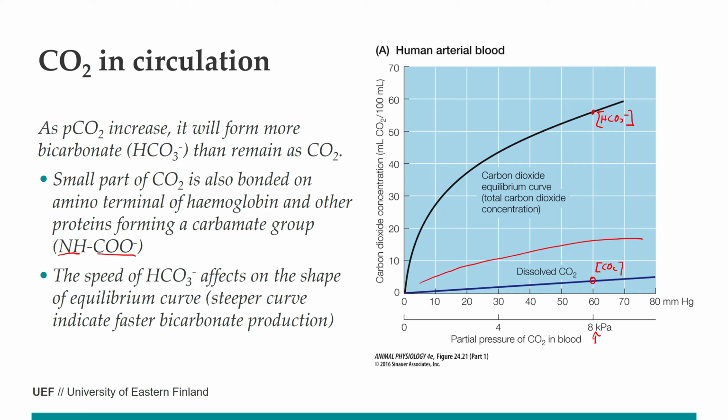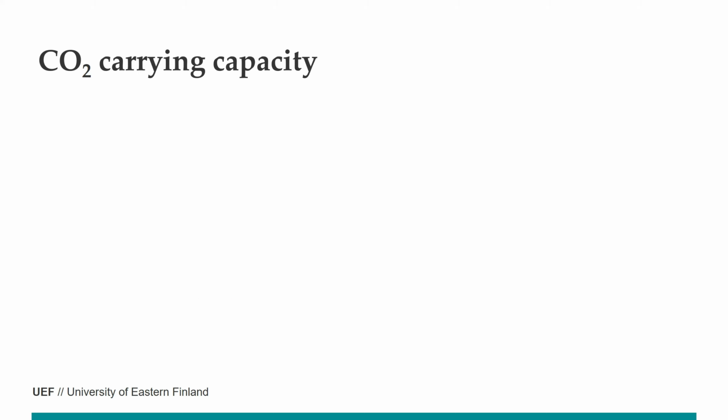And in some cases we can have a very high concentration of carbon dioxide in the blood, because we can have it in bicarbonate molecules and other forms. And this can be called the carbon dioxide carrying capacity. So the binding and modification is enhancing the carbon dioxide transportation.